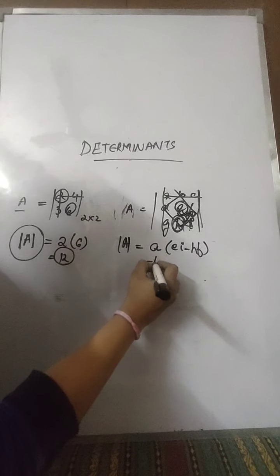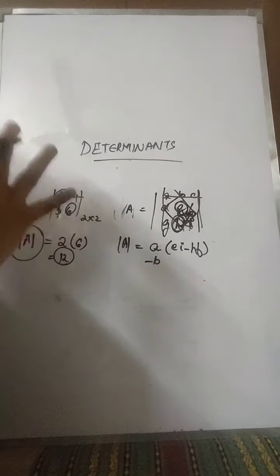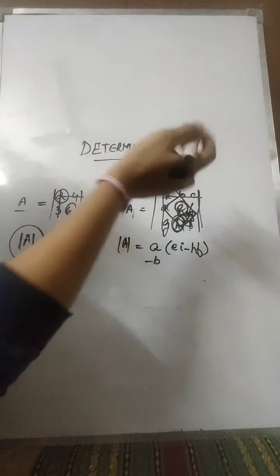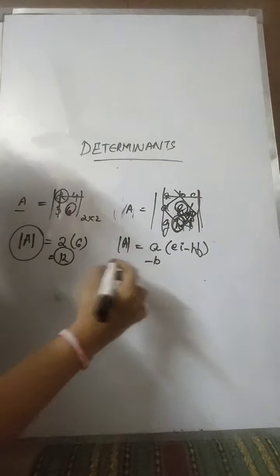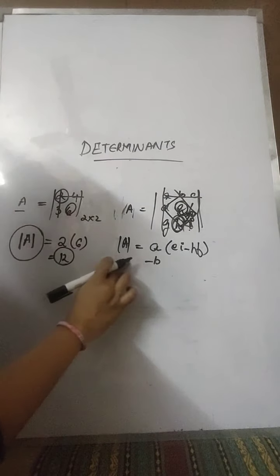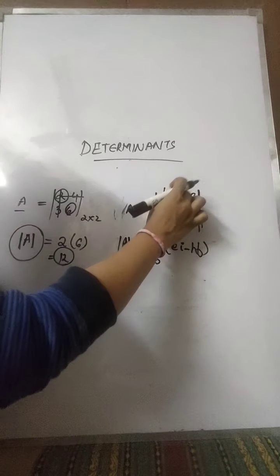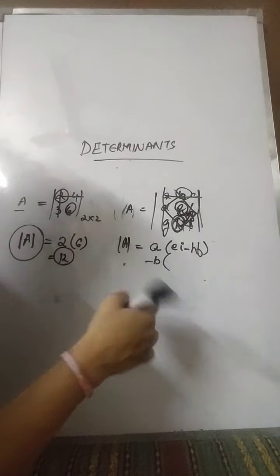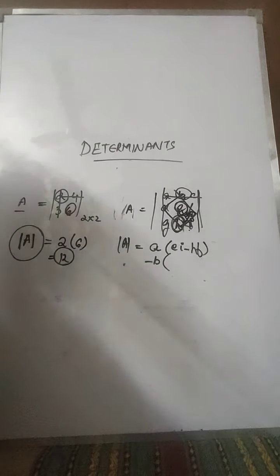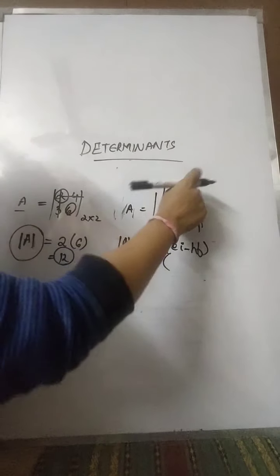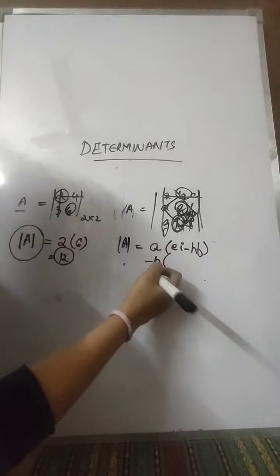Next value is minus of b. Not plus b, minus of b. If your b is already negative, then minus of minus b. Minus sign will be there with the second element of the first row, that is the diamond element. So maintain that in your mind, that you have to take all the diamond values as negative whenever you are multiplying.